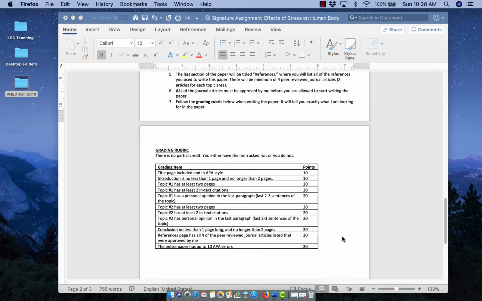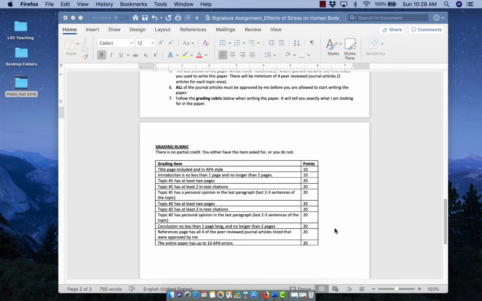The easiest way to know what I'm looking for is to have this grading rubric next to you when you write your paper. There's no partial credit. You're either going to have what I'm asking for or you won't. For example, the title page is included and it's in APA style, 10 points.